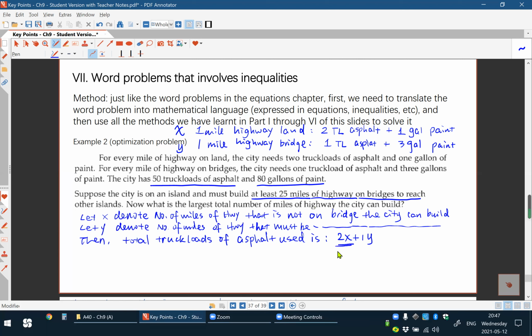So this is the total number of truckloads of asphalt for highway that is not on bridge. And for any mile of highway that is on the bridge, we need 1 truckload of asphalt, right? So this is the total number of truckloads of asphalt we use. And because we only have 50 truckloads of asphalt in total, this number should be equal to or less than 50, right? Do you understand? This is our first constraint.